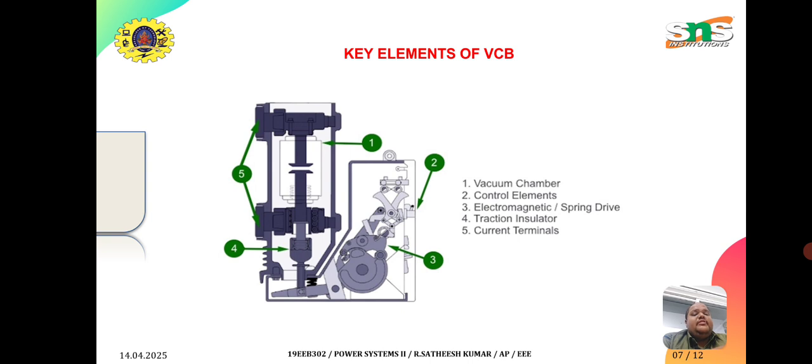For moving the moving contact, this actuator mechanism has a motor inside which pulls back the moving contact if we want to open the circuit. And if we want to close the circuit, the actuator mechanism closes the moving contact towards the fixed contact.